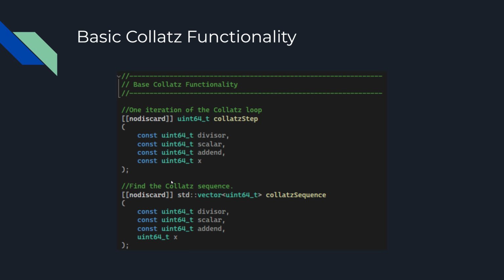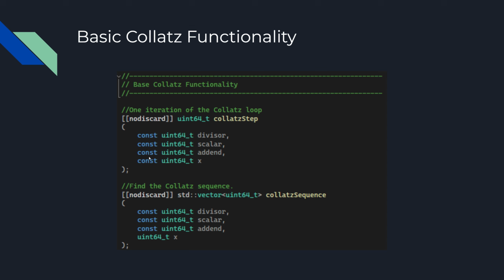By meat, I am going to be looking just at this Collatz step and the Collatz sequence, and maybe the main function. As you can see, it's a little more general than earlier, but we have a divisor, which is going to be 2, a scalar, which is going to be 3, and the addend, which is going to be 1, and then we have our input x.